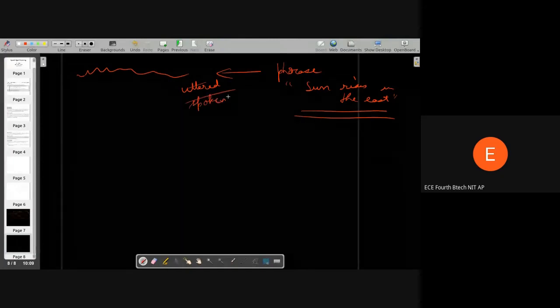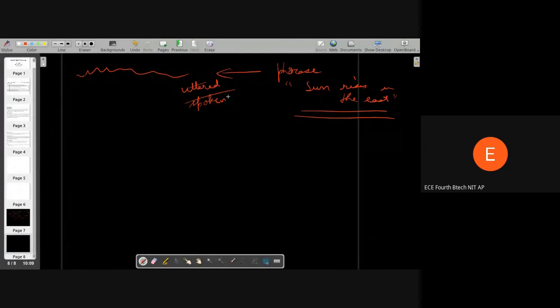Now, every person, when he or she speaks, obviously there will be certain differences. But overall, compared to some other random phrase, there will be much more similarity between all the utterances of this phrase. Speaker one, speaker two, speaker three have spoken the same phrase.